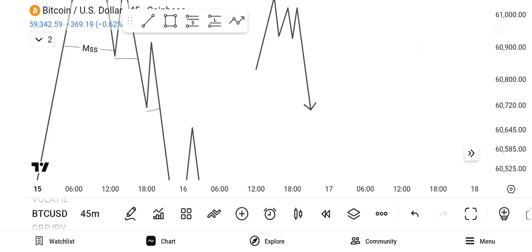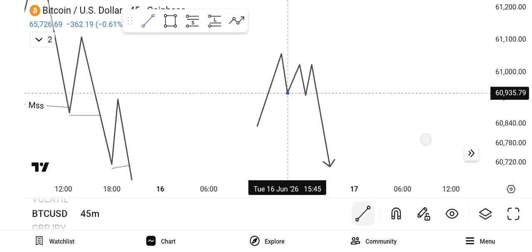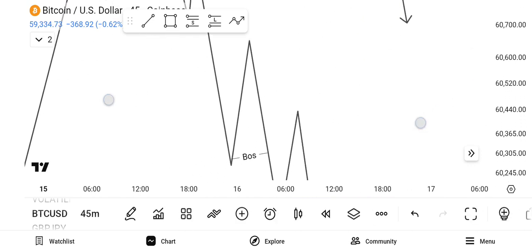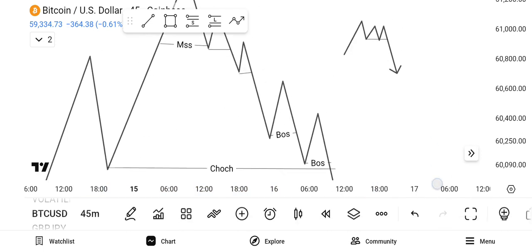Yes, this is more clear because you see multiple structures here that were broken. So this is a double break of structure, and this is a change of character and also a double break of structure at the same time.